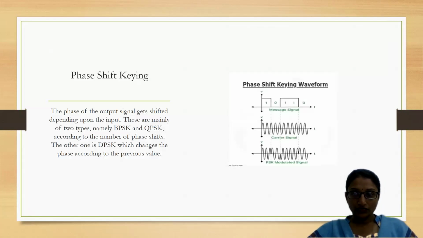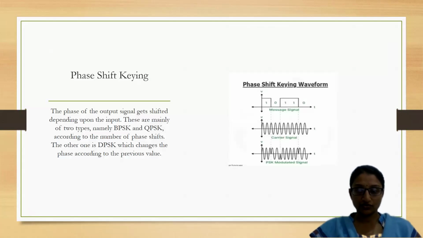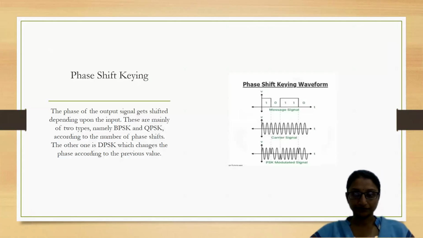If you observe the waveforms of PSK, the first one is the message signal, the second one is the carrier, and the third is the modulated signal.